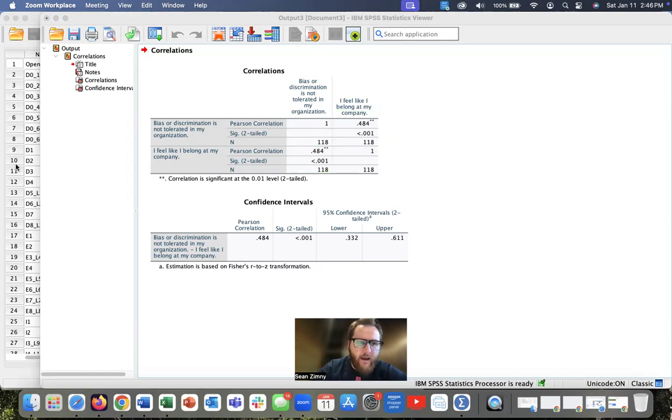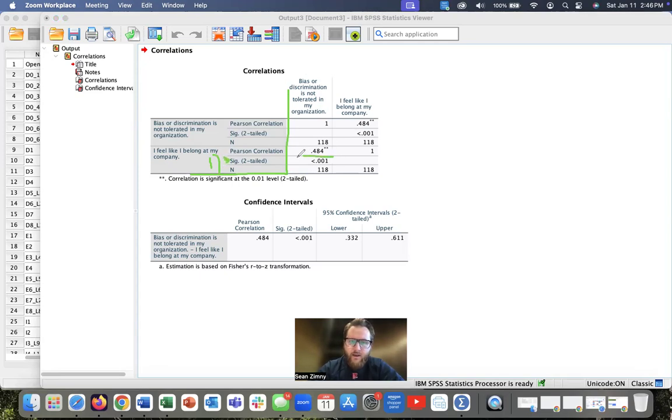So let's look at how is bias or discrimination is not tolerated in my organization, how people respond to that variable. How is that correlated with I feel like I belong at my company? So we're going to look left and then down, and we're going to get to this box right here. So first, I want you to look at this significance. That two-tailed significance right there. This is number one.